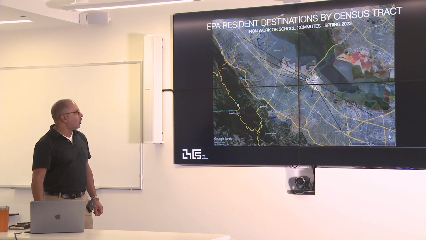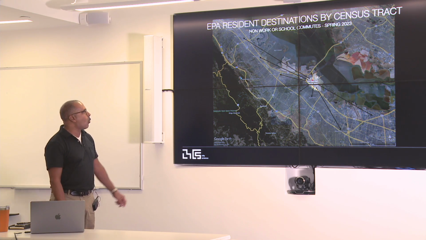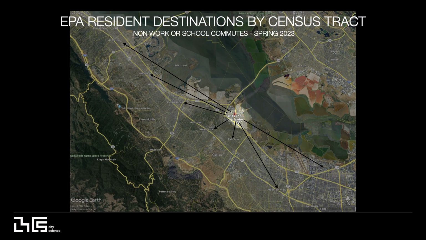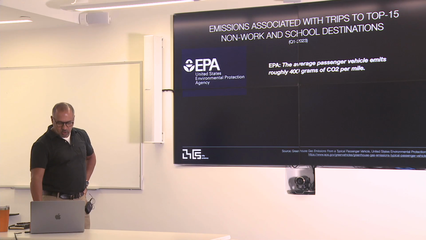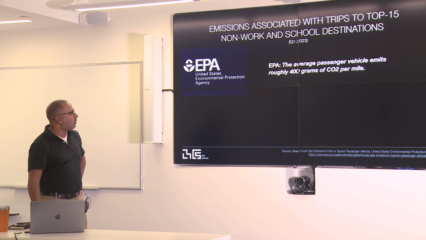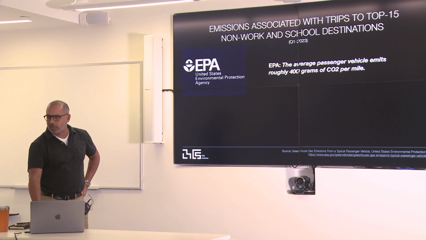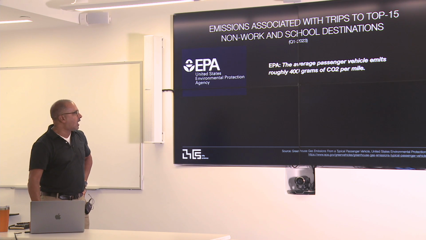When we started to look at these distances, we looked at where all these areas were on a map. And we started to make an argument to the state around how much CO2 is being contributed to California's overall CO2 profile.